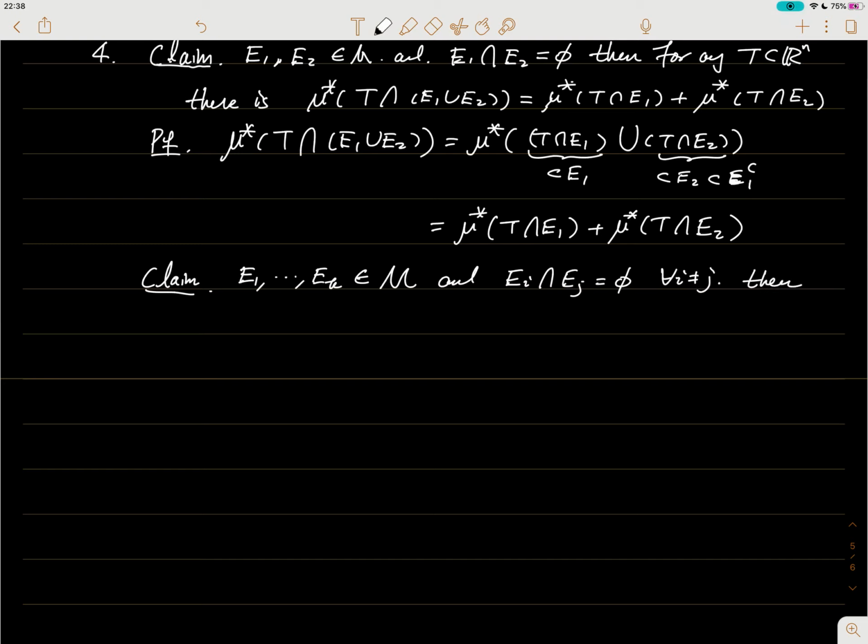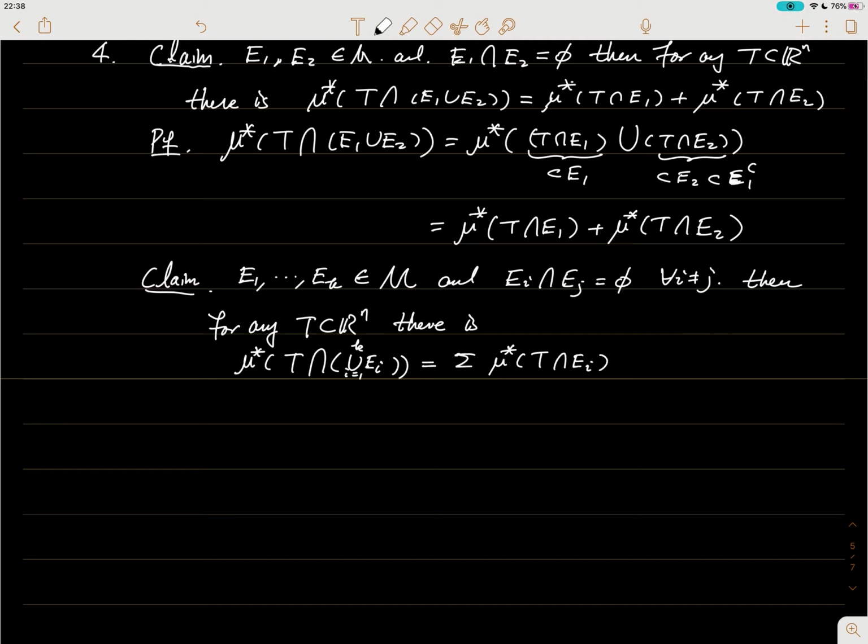Then for any test set T, the outer measure of the intersection of T and the union of those Ei's is just the sum of the outer measure of T intersect Ei for i from 1 to K. Okay, so you can just apply the previous claim one by one.